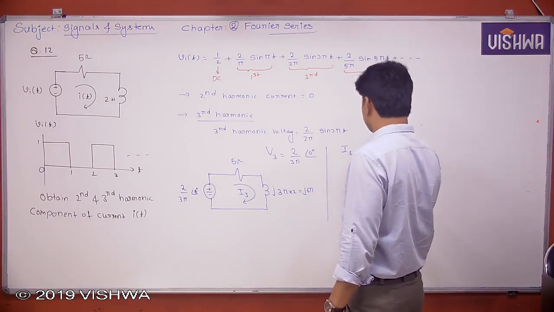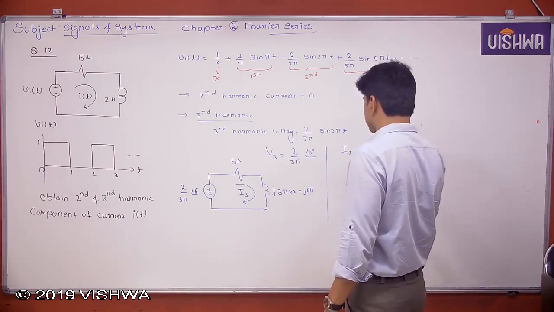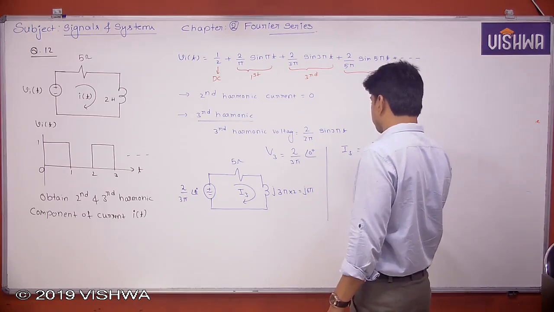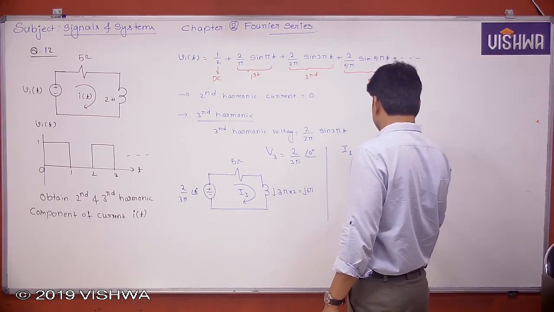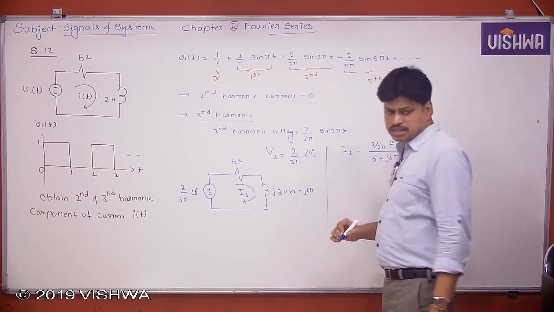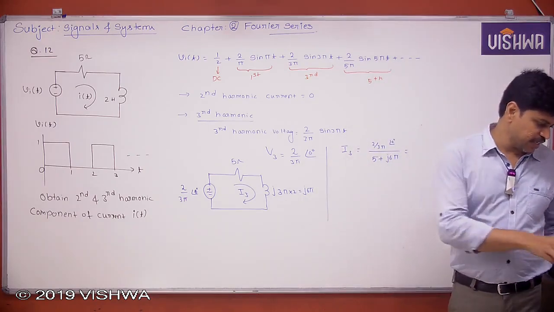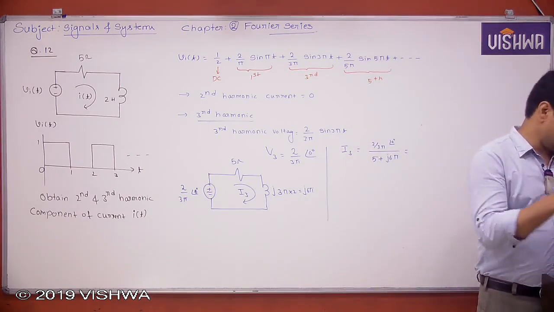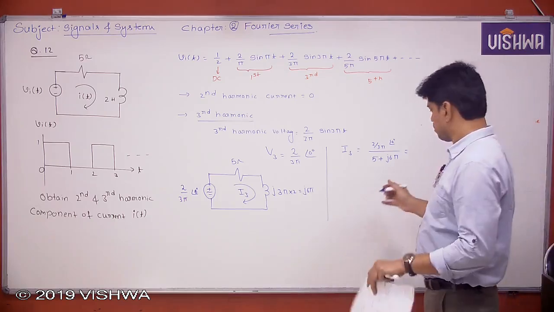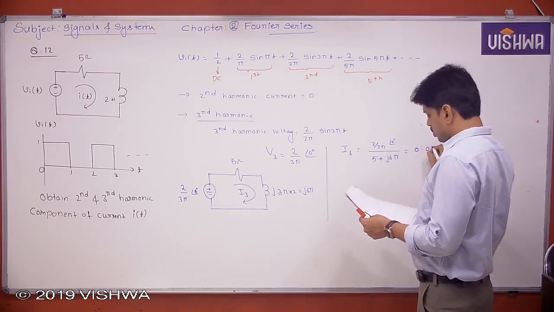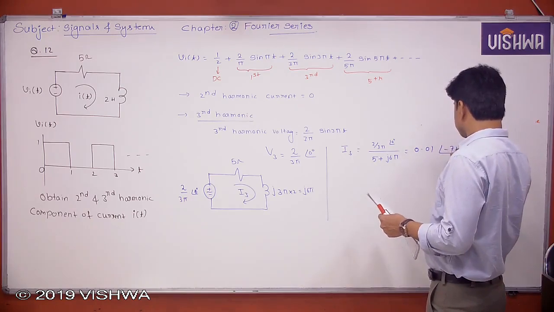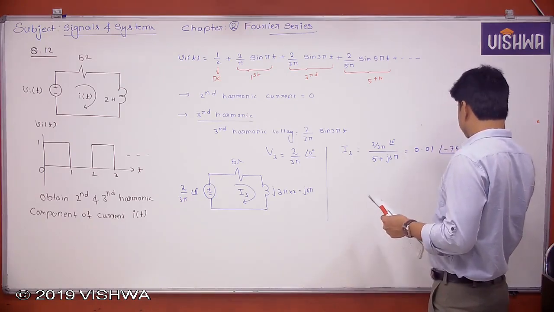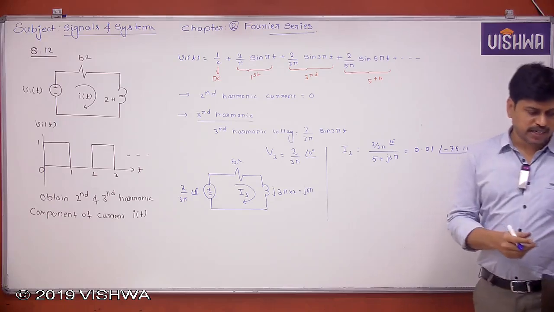I3 is equal to 2 by 3 pi at an angle 0 degrees divided by the total impedance 5 plus j 6 pi. If you solve this complex number, the answer is 0.01 at an angle minus 75.14 degrees. This is the I3 phasor you got.